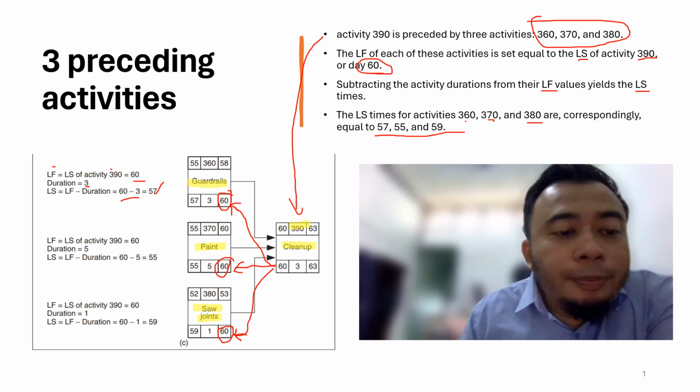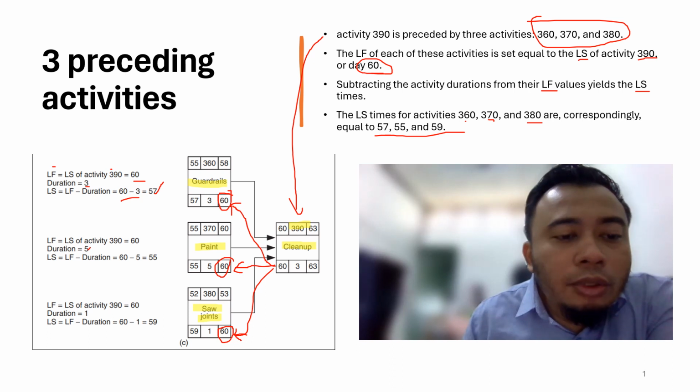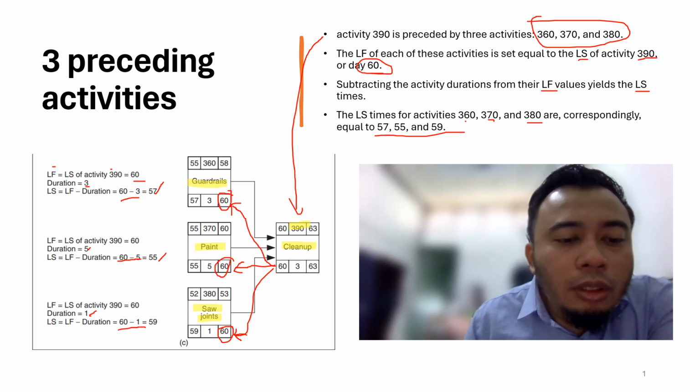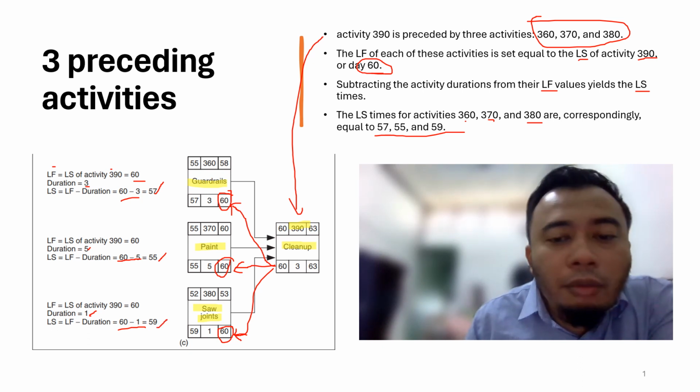For painting work, it's also the same, but the duration is 5 days. So 60 minus 5, you get 55, day 55. And for the activity of saw joints, the duration is 1 day. So saw joints need to start at the latest at day 59.